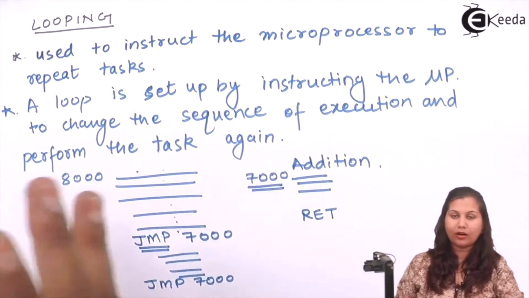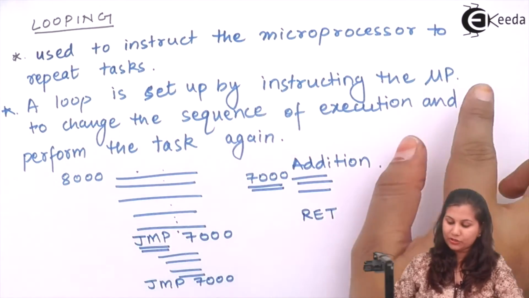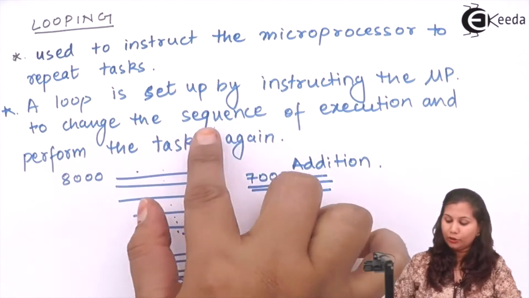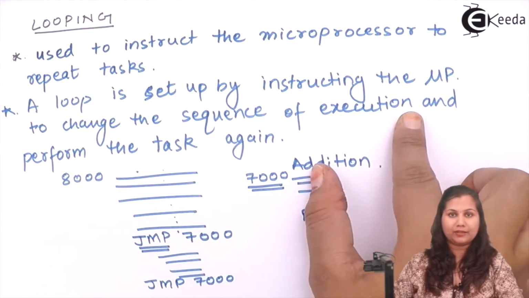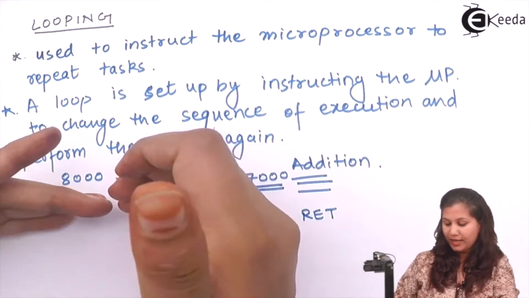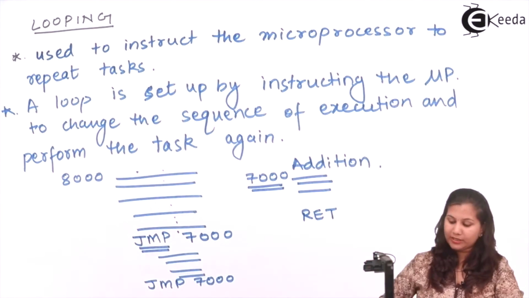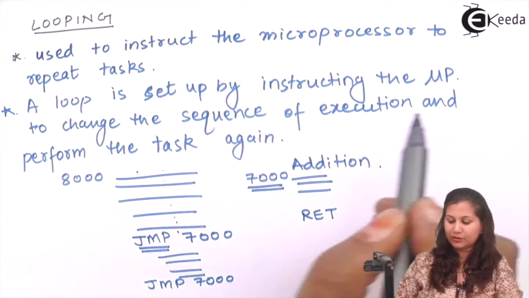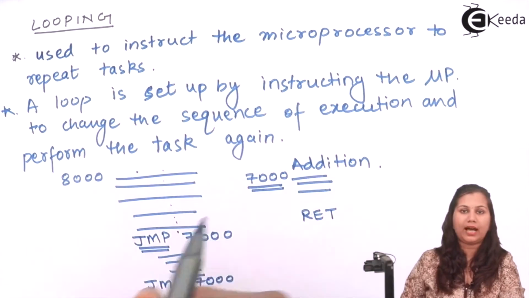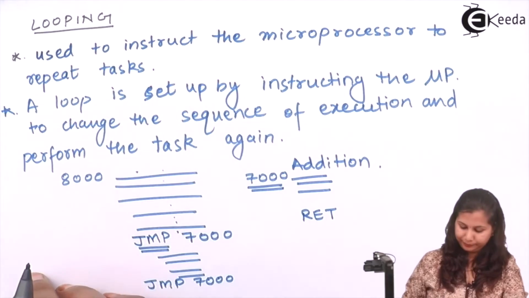So this is how a loop is set up, instructing the microprocessor to change the sequence of execution. Here it is jumping from this location to that location, so it is changing the sequence of execution and performing the task again and again.